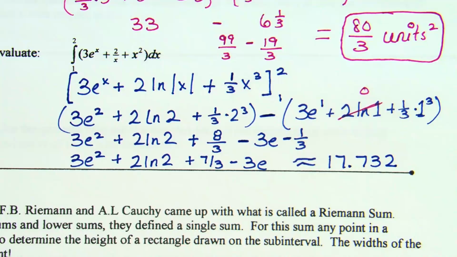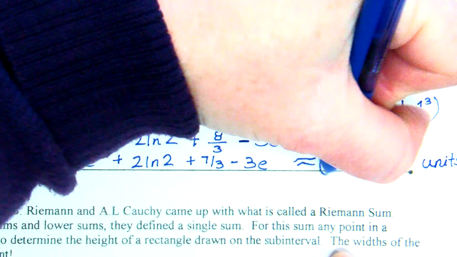I have written down 0 after that, so the fourth value must be a 0. So 17.732, 0 if you want, labeling of units squared.